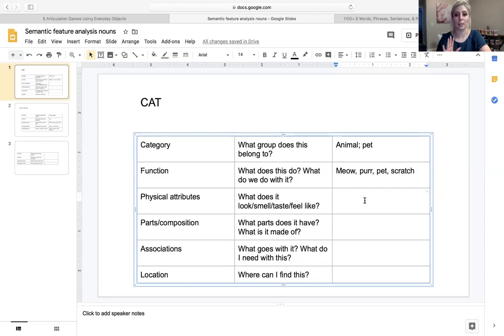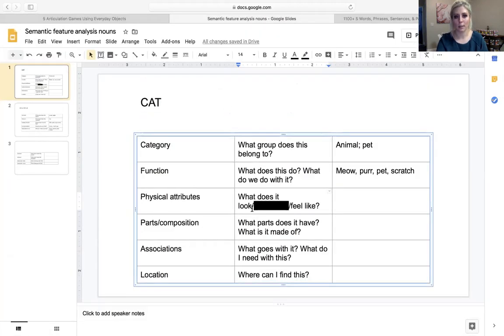And then we take it to physical attributes. What does it look like, smell like, taste like, feel like? Obviously, some of these aren't going to be relevant for every noun, like taste. I've never tasted a cat. That would be inappropriate. Smell, a cat probably shouldn't have a smell, quite honestly. We're not going to use those.